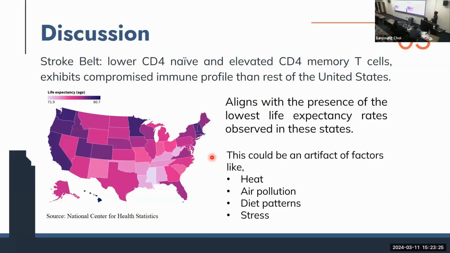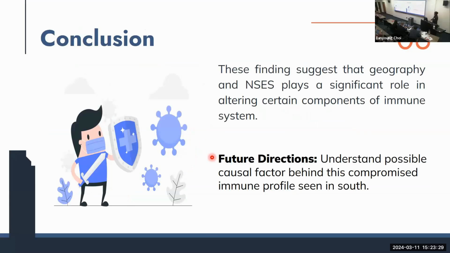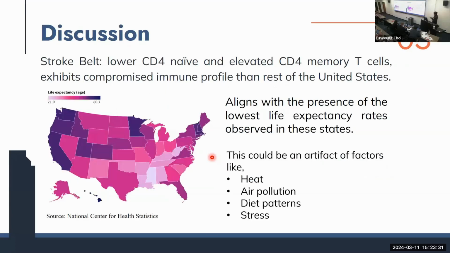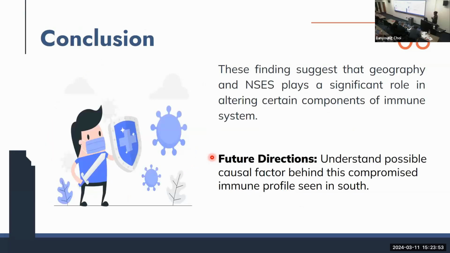So in the future, we want to consider if these factors might be confounders in this association, and see if they have any complicated interactions, maybe second order or third order interactions, that could possibly be a causal factor behind this difference. So we want to look into that.